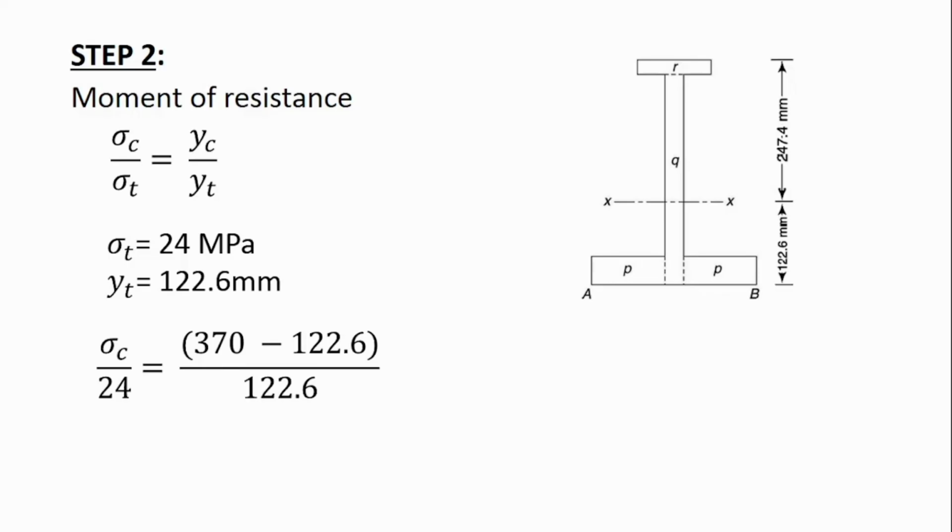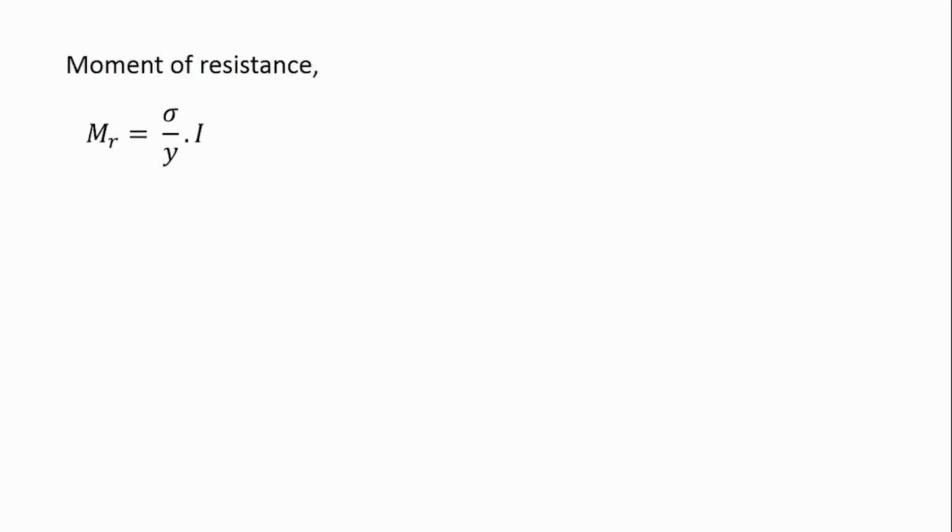So for the moment of resistance, we're using the relation M sub r equal to sigma I over Y. I there is the moment of inertia along the neutral axis. So we see our figures.